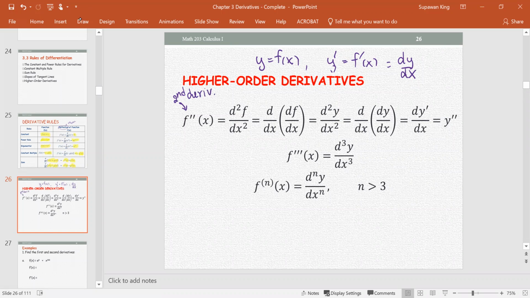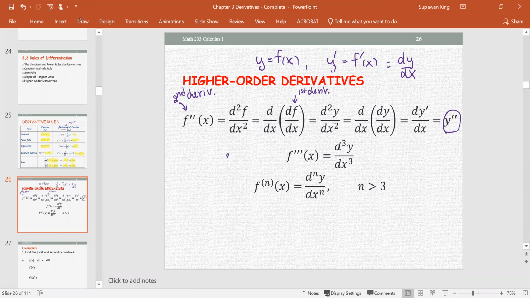So f double prime is the second derivative of the function f, or use the notation d2f dx squared, which is from the derivative of the first derivative. Another notation is d2y dx squared, or another form which is easier to use is y double prime.